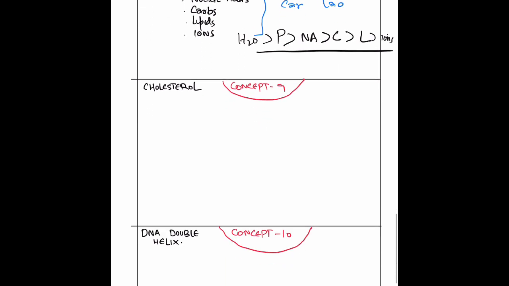Then there's another molecule called cholesterol, which we should know. The most important thing about cholesterol is its formula. It's a type of steroid found in animals. It is basically a sterol with an alcohol group, and its formula is C27H46O. The structure looks just like this.